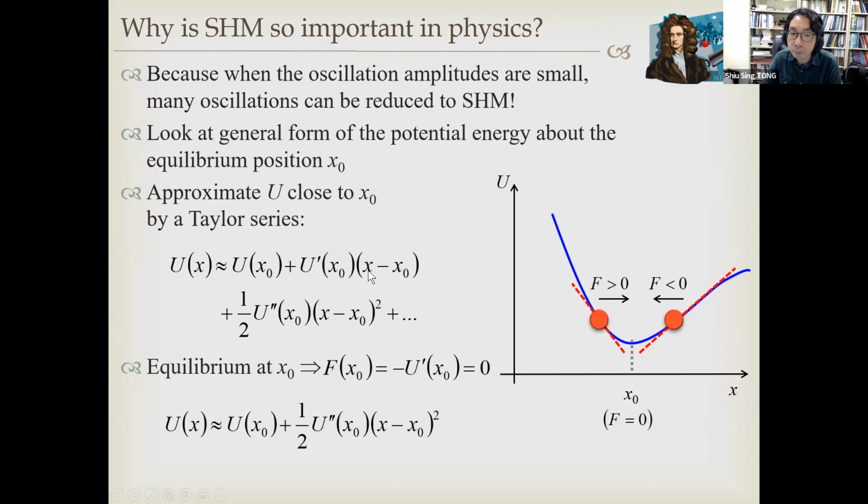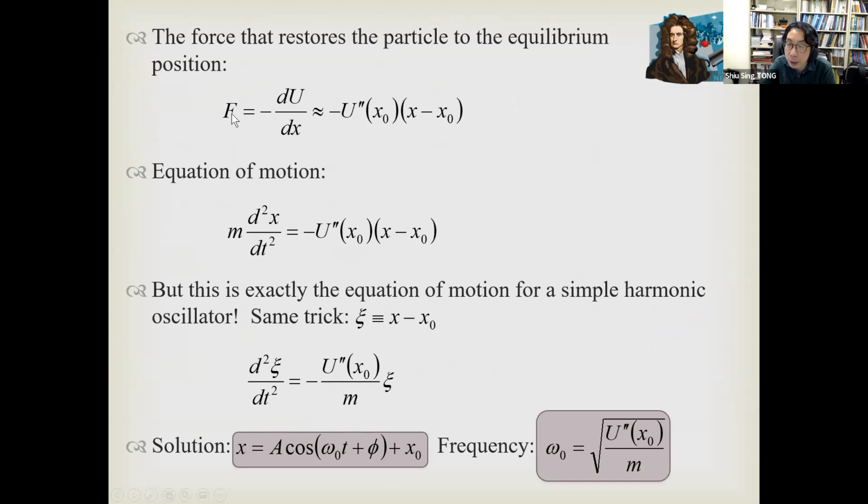I don't have this term, and so the u now becomes a constant plus half u double prime (x minus x naught) squared. So the dependence on x goes to the term with (x minus x naught) squared. Now, if I want to find the force, I would differentiate the u with respect to x and add a minus sign.